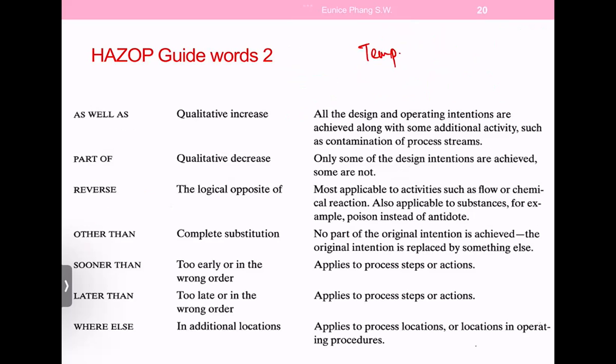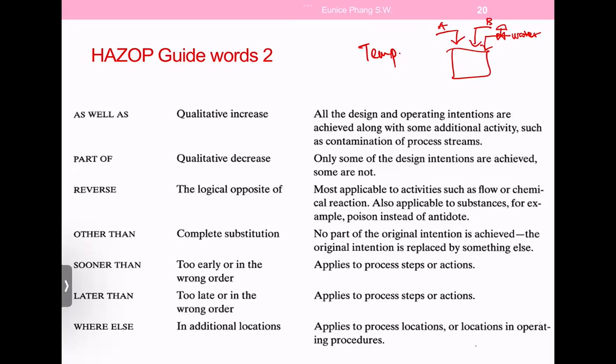For example, we're supposed to have product A and product B that go into the reactor, but there is also another line that is supposed to be closed, for cleaning only, but someone turned on the valve and the water comes in. So besides your A and B, you find some funny elements in there. That is when we use as well as. Most of the time it is on chemical compositions or something that involves streams, involves flows.